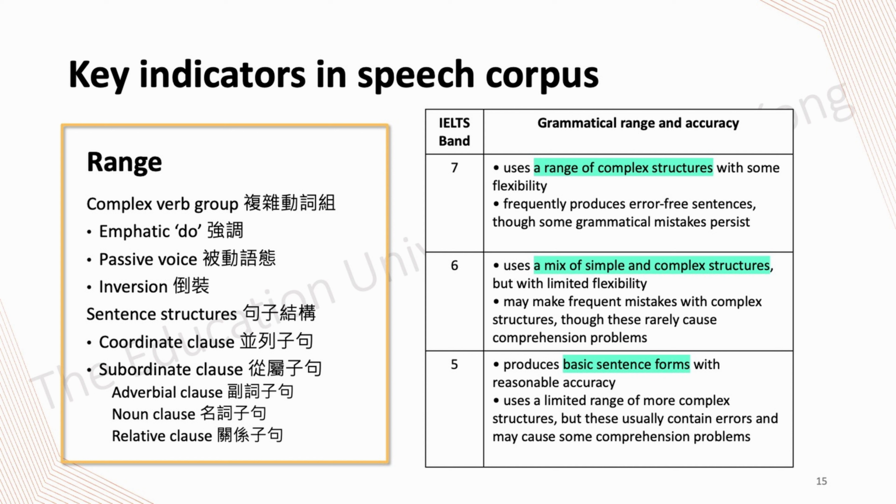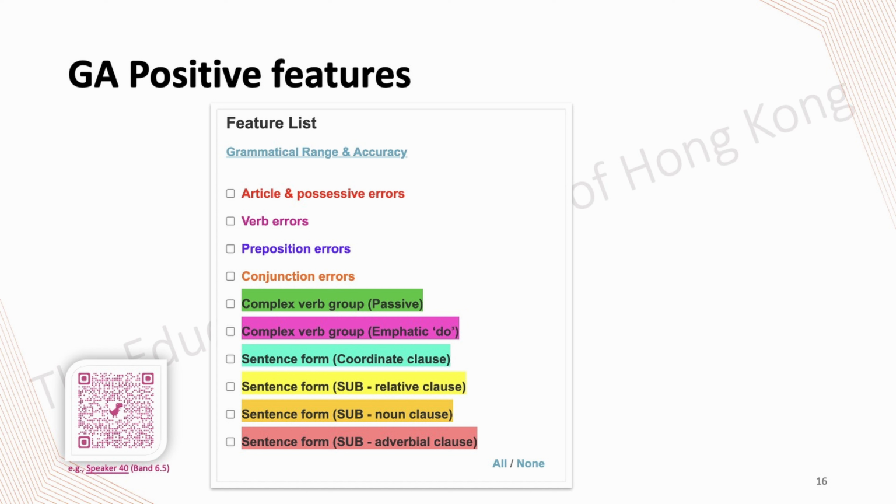Alright, after correcting the errors, it's time for us to deal with the complexity. In our speech corpus, we have adopted these categories to annotate the speech, including complex verb group and sentence structures. For example, if you scan this QR code, it will lead you to the grammar page of a Band 6.5 candidate.